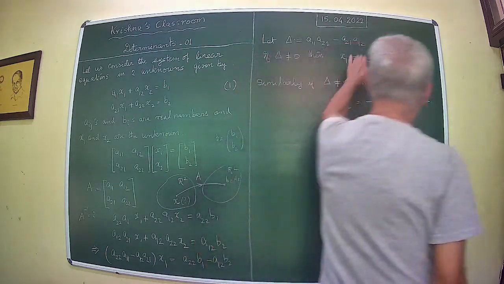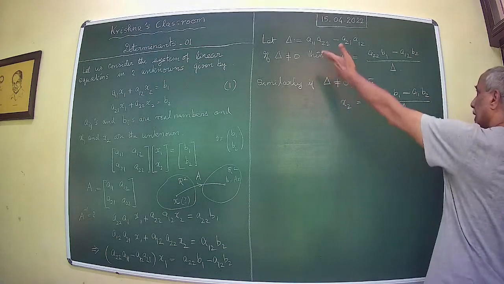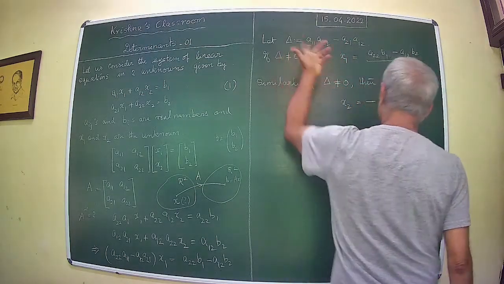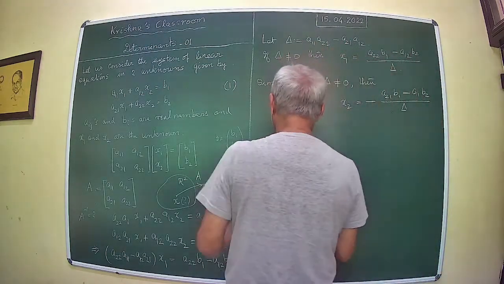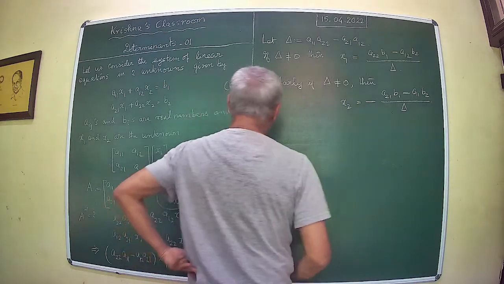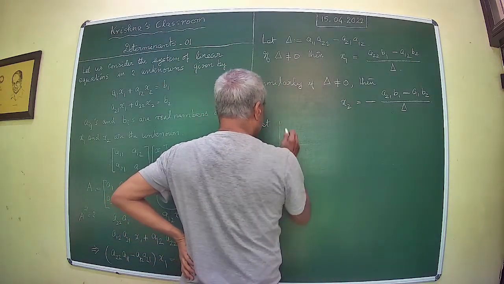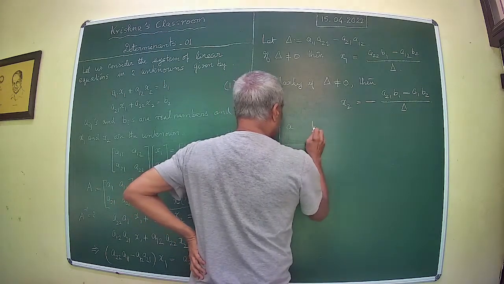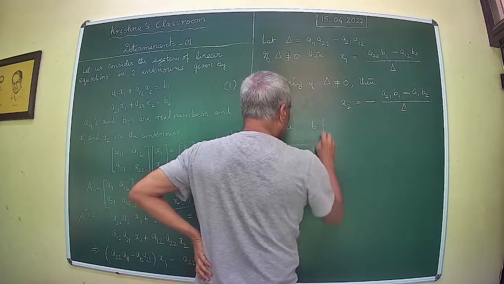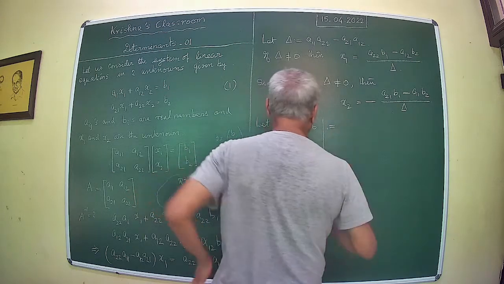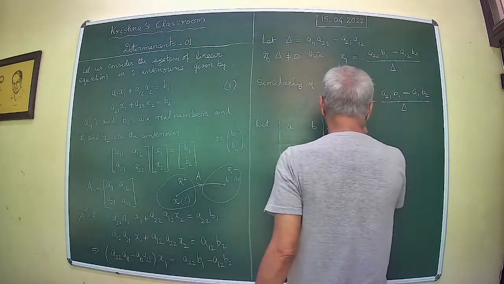Now you see, this is also like the delta that you have got, and therefore let us use a different notation which is more conventional. Let delta be AD minus BC.